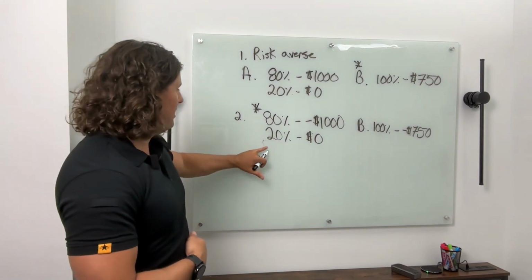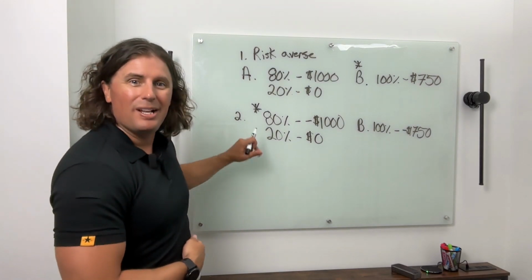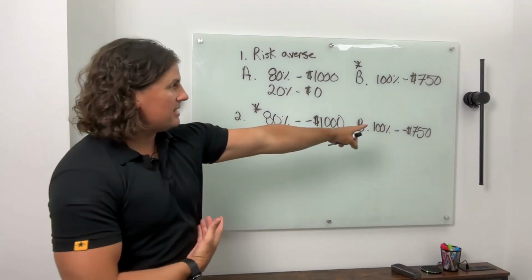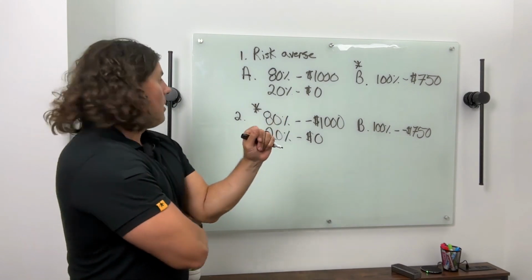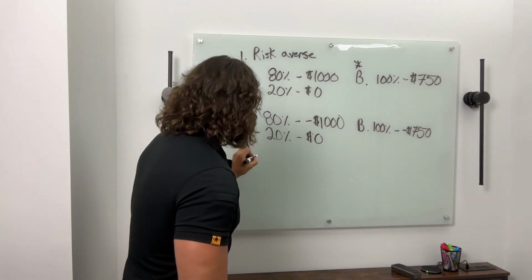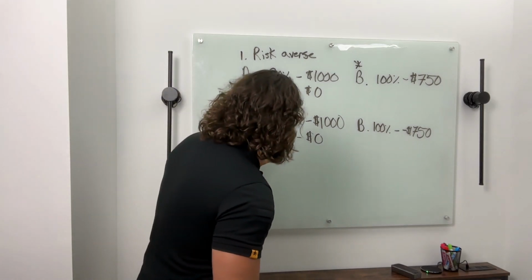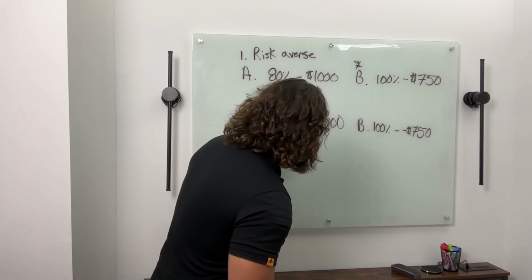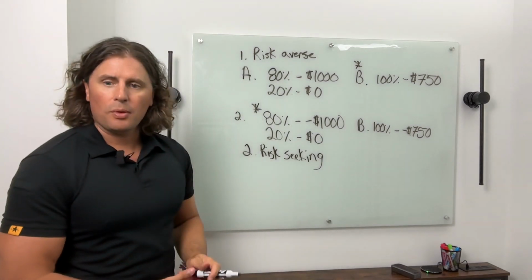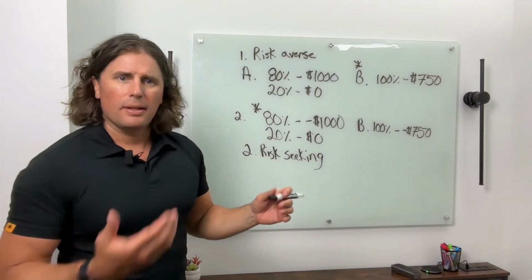So at least I was consistent with making bad decisions with expected value, because that is negative 800 and that's negative 750. But then I said, you know what? I want the risky option. So suddenly I became risk seeking in decision number 2.